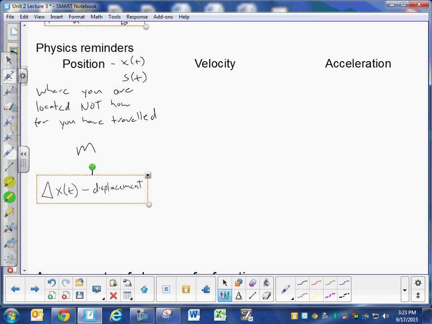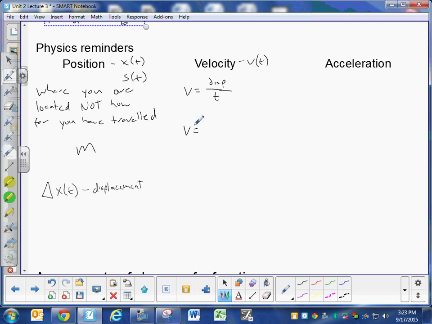Well, velocity, we've dealt with velocity before in physics. We say our velocity is our displacement over the time it took me to become displaced. Well, what is that? What is displacement? It's just the change in my position over the change in my time. Typically denoted by v of t.